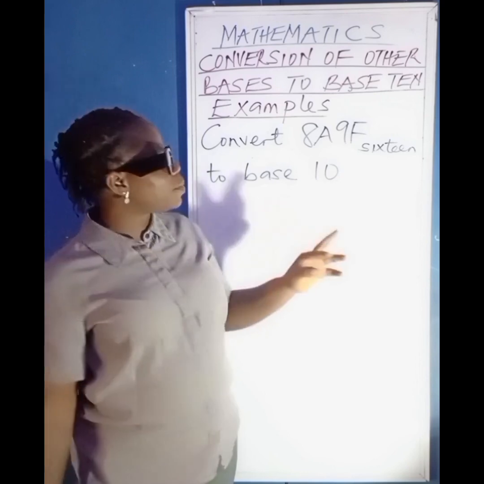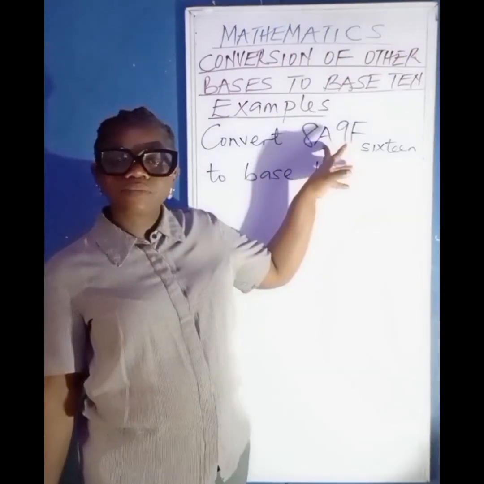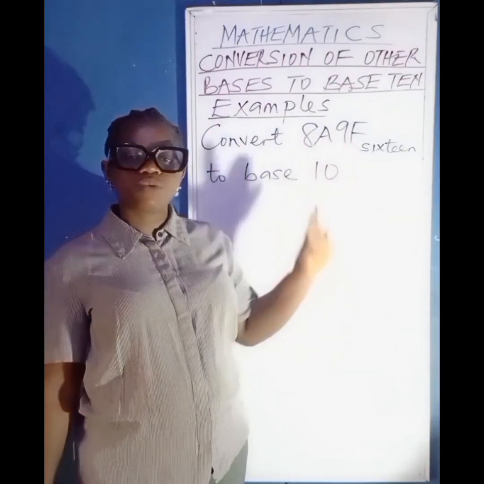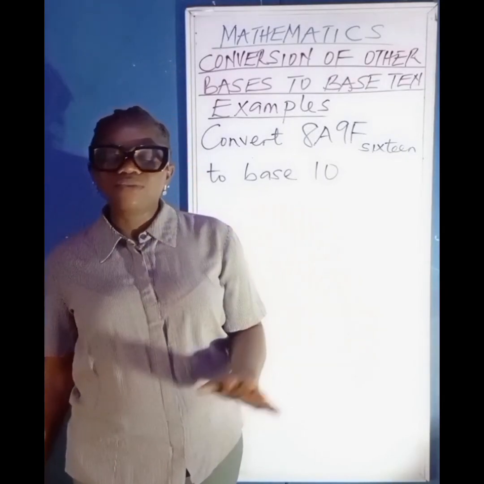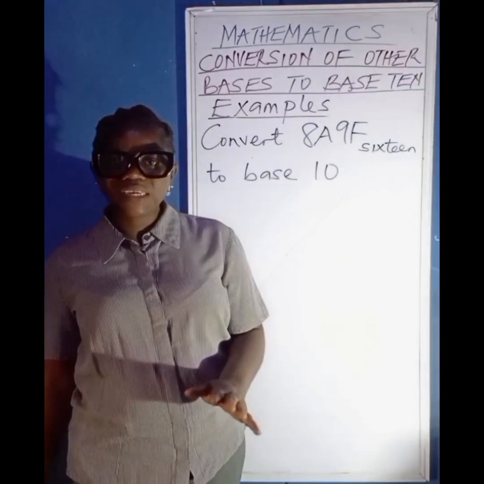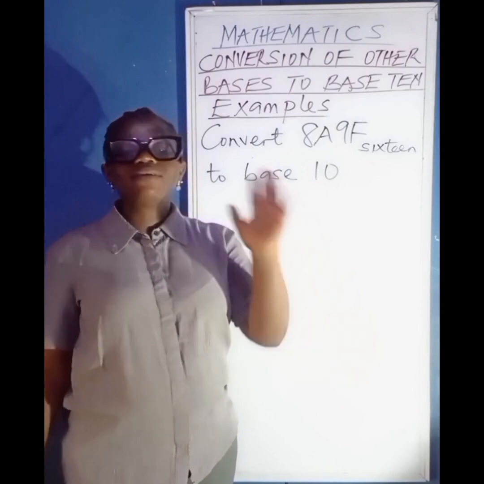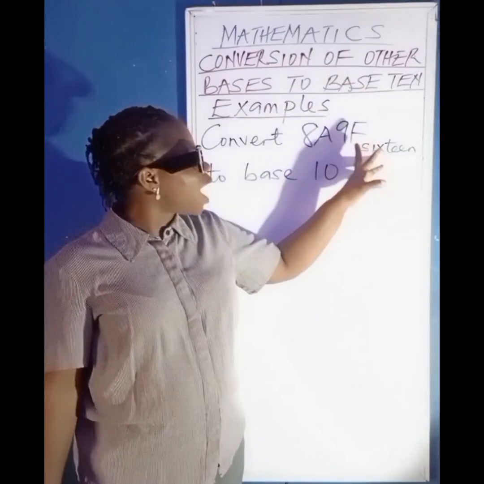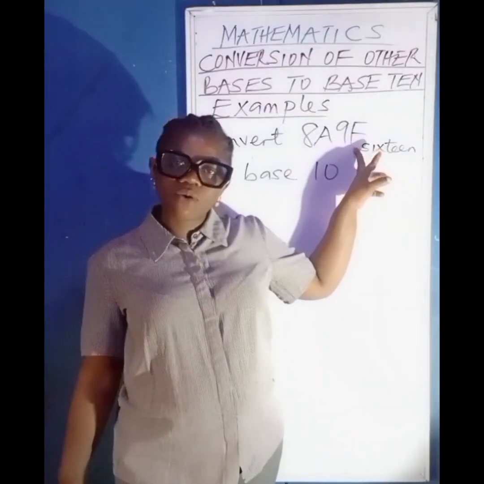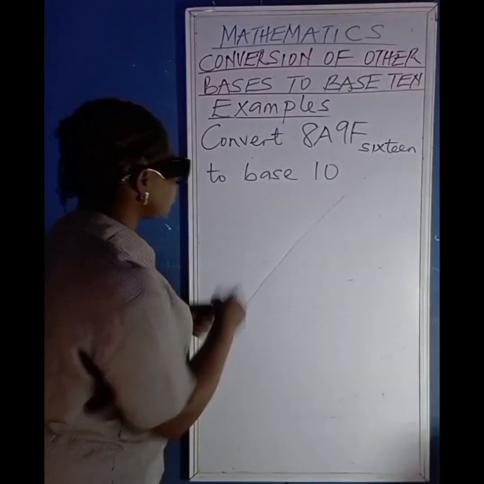So 10 is represented with A, 11 with B, 12 with C, 13 with D, 14 with E, and 15 with F.